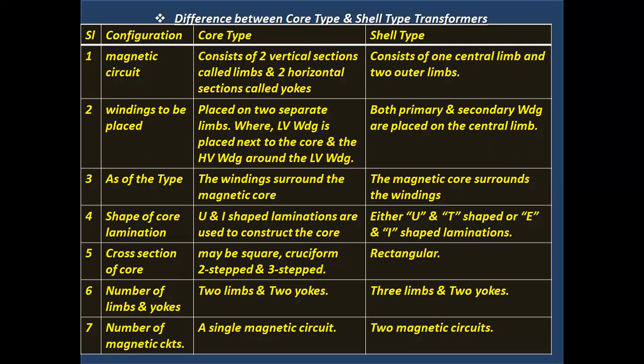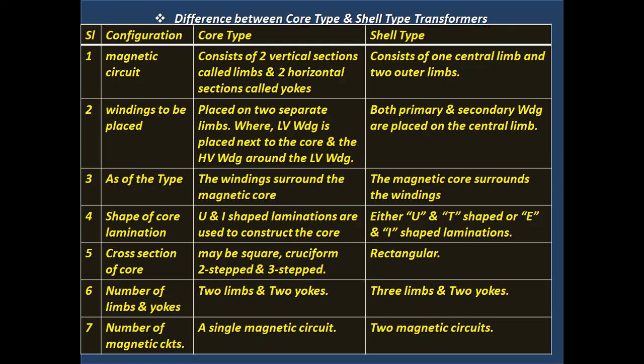Configuration wise, the magnetic circuit for core type consists of two vertical sections called limbs and two horizontal sections called yokes, whereas shell type consists of one central limb and two outer limbs. Number two, windings to be placed.